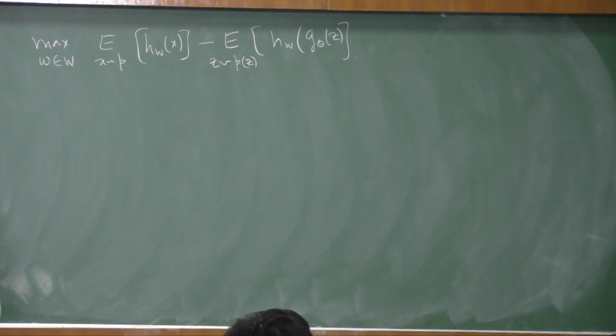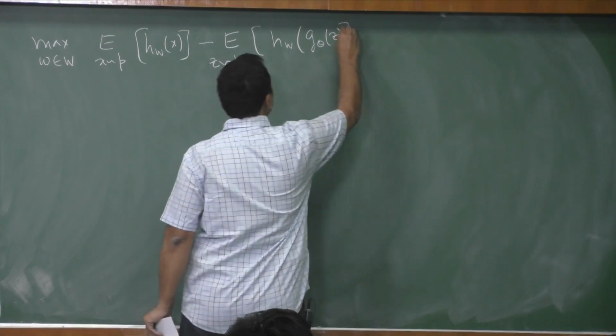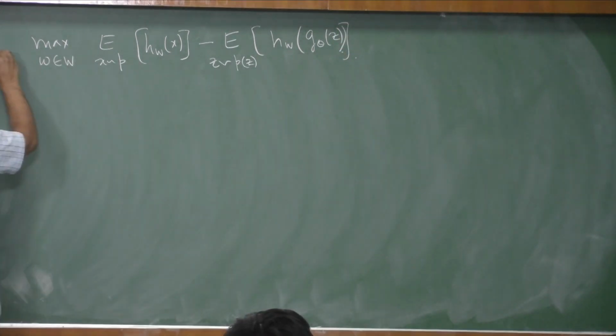And I'm supposed to minimize over theta as well. So that's a min-max problem we have.